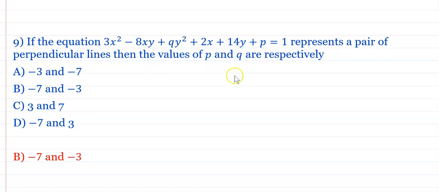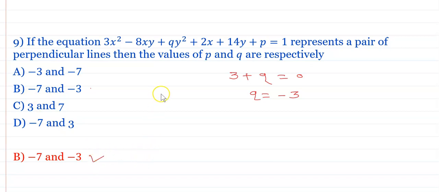Means what here? The coefficient of x square is 3, coefficient of y square is q, and that's equals to 0. Therefore here the value of q is minus 3. Now we will see which option has q equal to minus 3. The option is B, and hence the option B is the correct one.